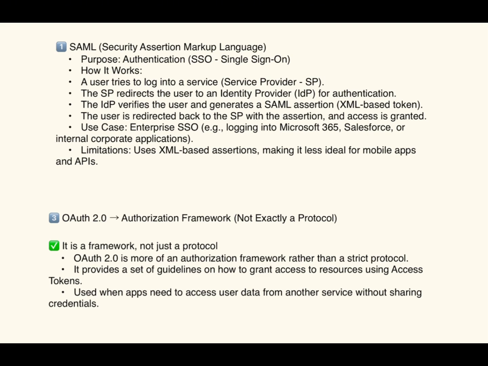SAML is used in enterprise environments and works well for web-based applications, but it is not ideal for mobile apps or modern API-driven authentication. Modern authentication, mobile apps, and cloud apps often prefer OpenID Connect over SAML. We will have a separate discussion on OpenID Connect in an upcoming video.